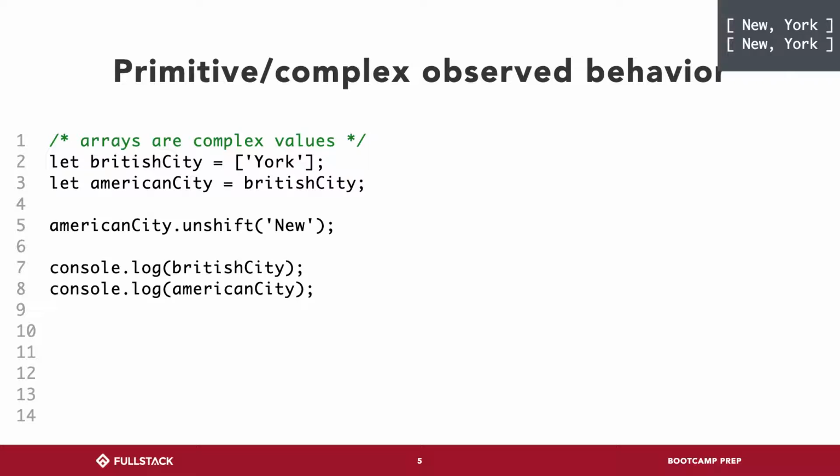And when I unshift new into American city, British city is still pointing to that thing that just got unshifted on. So now, if you console out both of them, you get new and York.